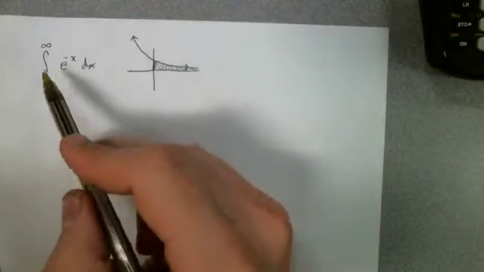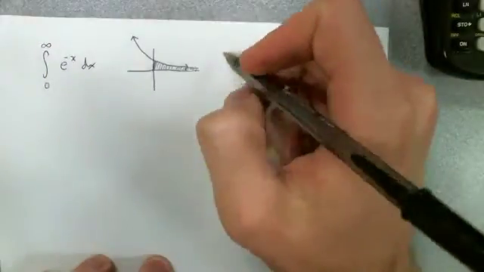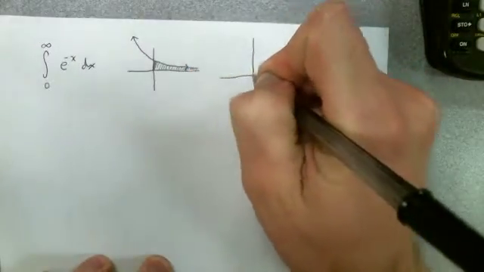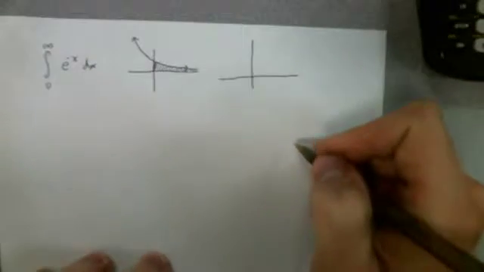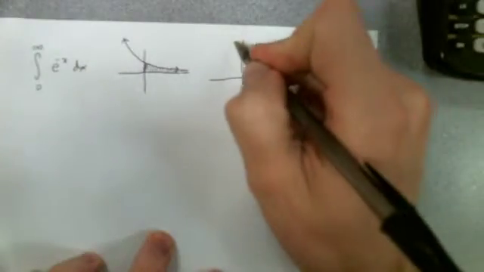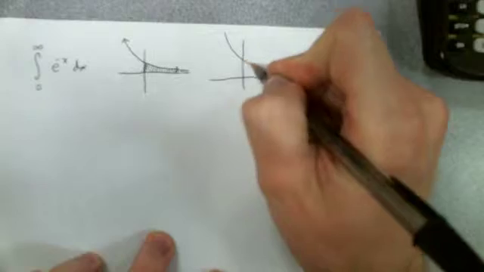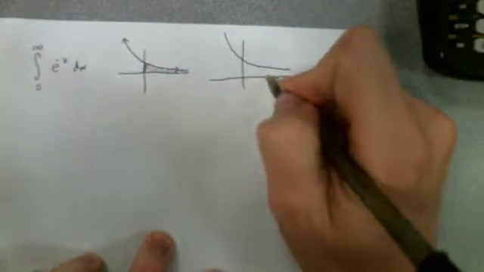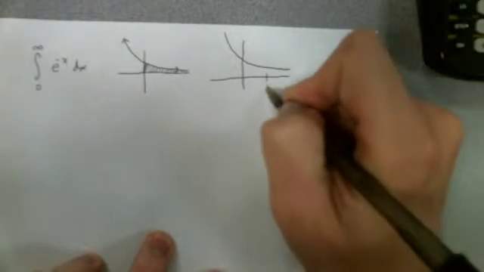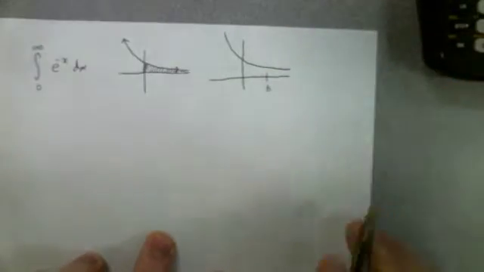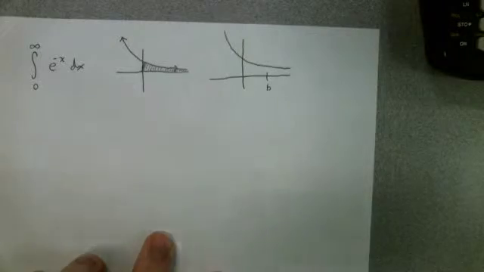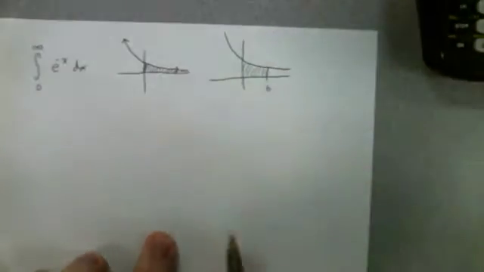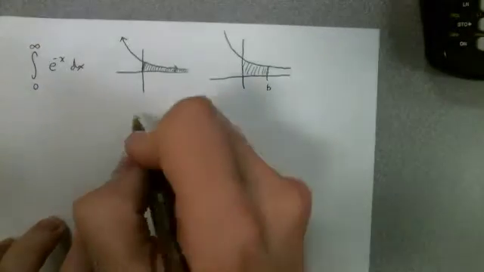So the idea behind computing this integral is as follows. We're going to take more and more area under the curve and see what happens. So you've got your function here, e to the negative x. We're going to take the area out to some number b, and ask, how much is that area?